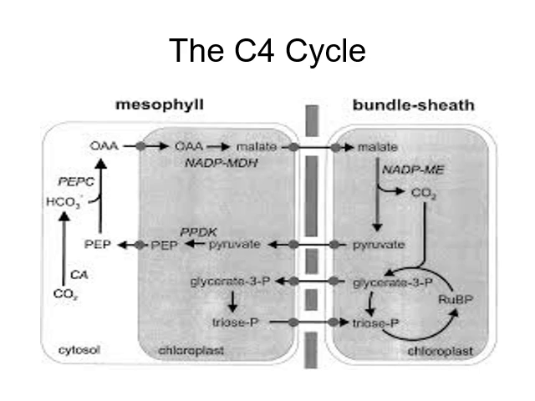C4 cycle is known as C4 cycle because the first formed product of C4 cycle is a 4 carbon compound called oxaloacetic acid. In this case, plants have two types of cells, mesophyll cells and bundle sheath cells. In mesophyll cells, phosphoenol pyruvate fixes a molecule of CO2 and forms a 4 carbon compound called oxaloacetic acid.